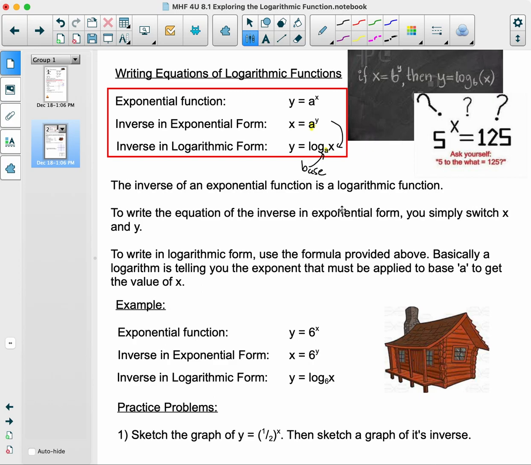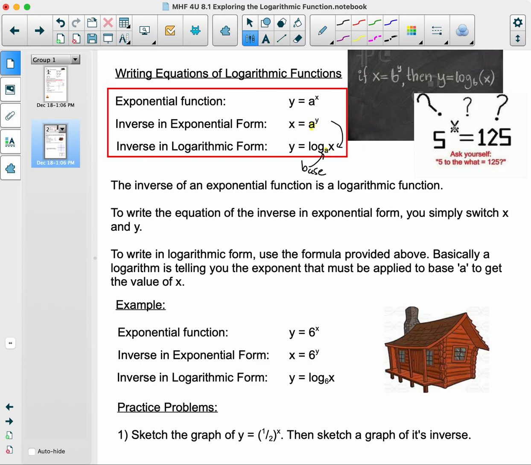The exponential form is actually easier to work with from a problem solving perspective. So when you have something like this, it's almost easier to think of it this way. Don't get too hung up on the x's and the y's. Just know that here you'd be thinking, a to the power of what would equal x.